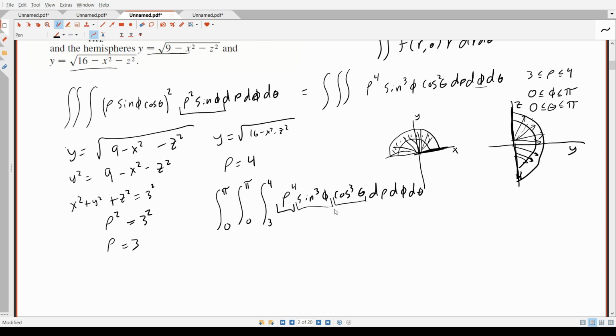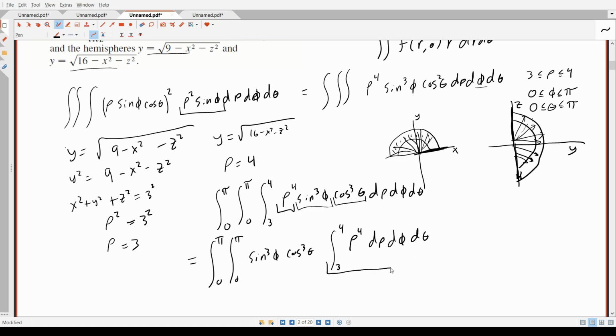Rho doesn't depend on these, so as far as rho is concerned, they're constant, so I can pull them out of this integral, and I get integral from 0 to pi, integral 0 to pi, sine cubed phi cosine cubed theta, integral 3 to 4, rho to the 4th, d rho, d phi, d theta.